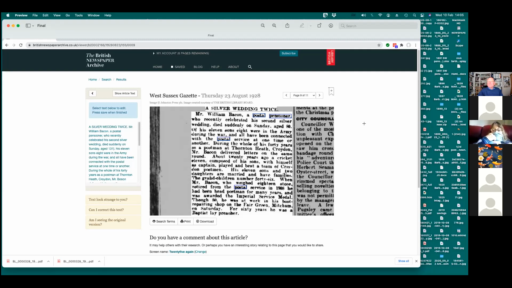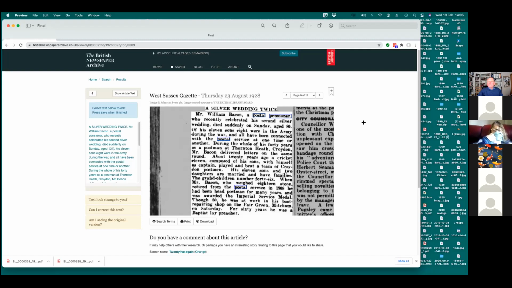The second thing is to think about what you put in as your search. Putting in post office brings you a number of things that you don't want. In this period, many people use the post office to receive applications for jobs, notably people going into service in large houses. So the post office acted as a clearinghouse for job applications.